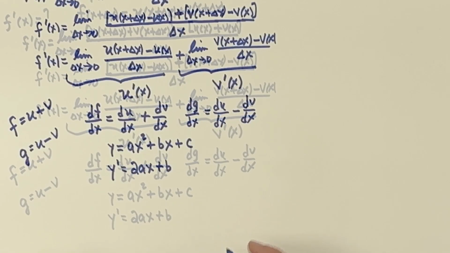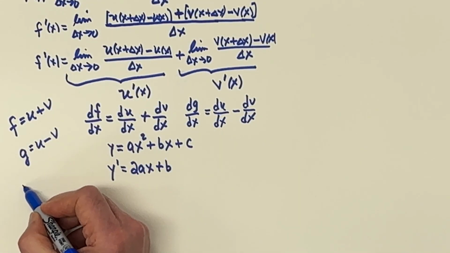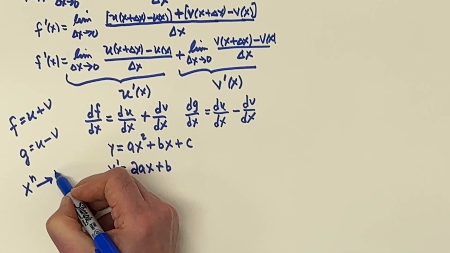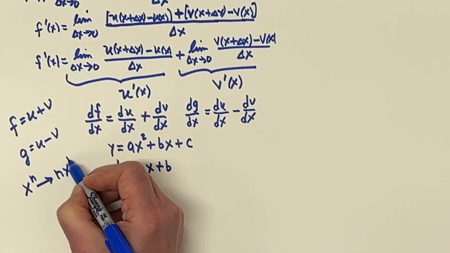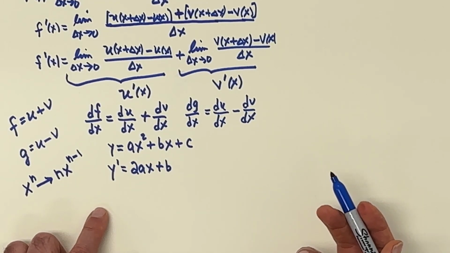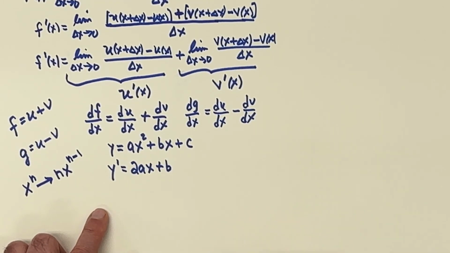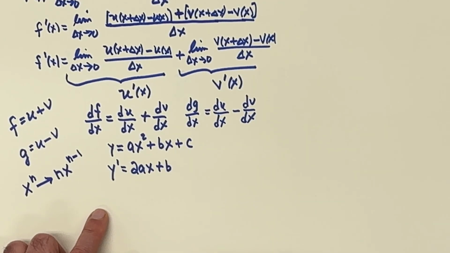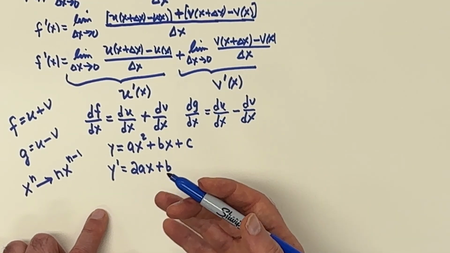And since we know that the derivative of x to the n is n times x to the n minus 1 power, we can do all kinds of things. We could do, for example, a general cubic or quartic, where x is cubed.